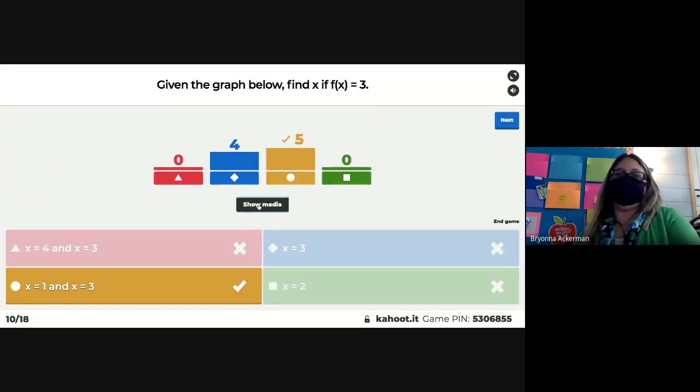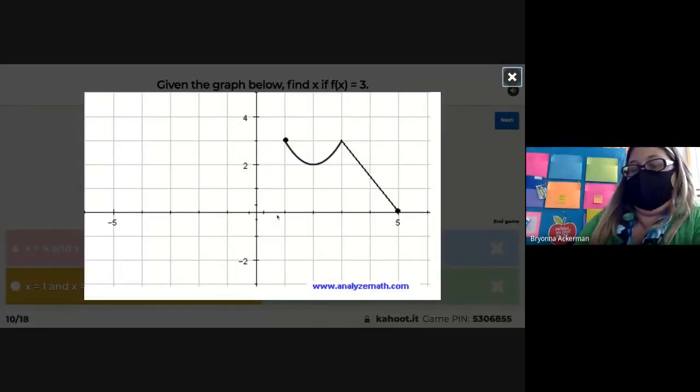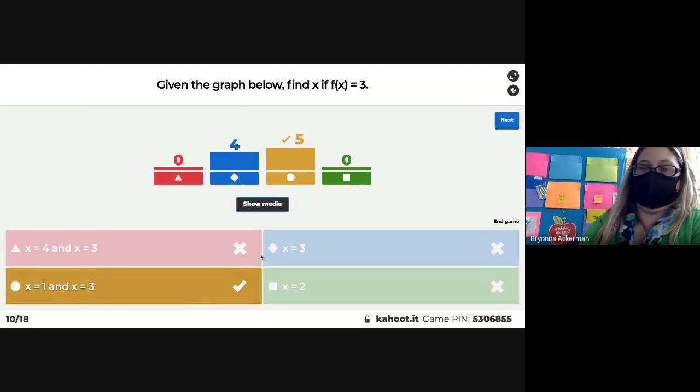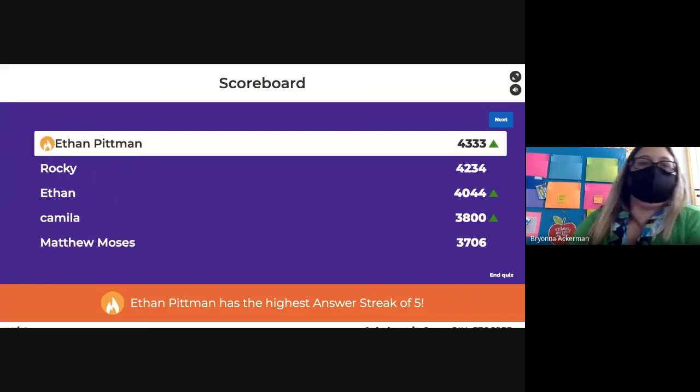Okay, in this case, we are looking at the y value. The y value is 3. So if I go across, here's one of them, and then there happens to be another one right here. So when y is 3, x was 1 or 4. Or I guess it was 3. Sorry, I miscounted.